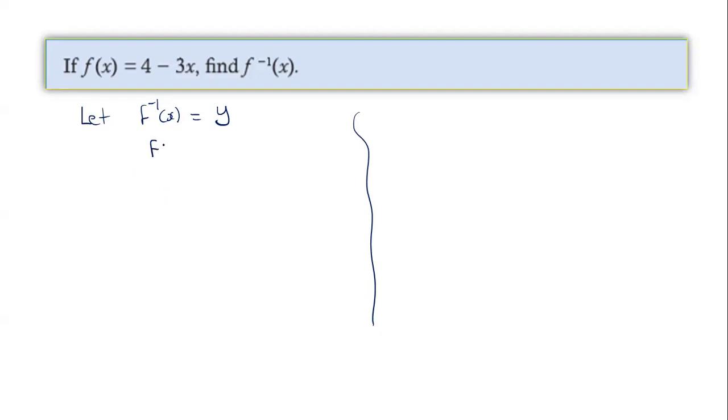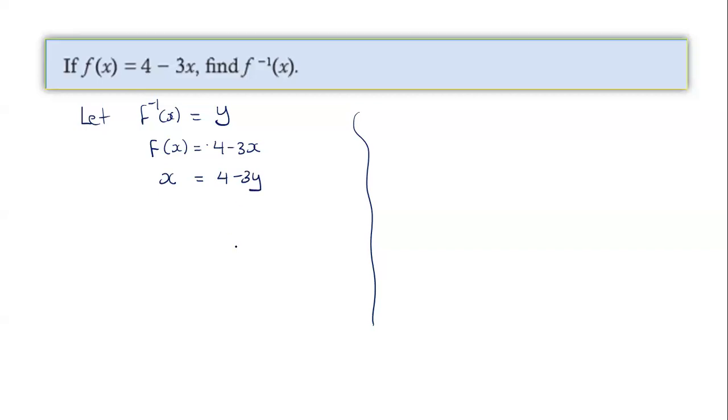We have said that always f of x will equal y here. We have said that f of x is equal to 4 minus 3x. So you are going to swap: where there is f of x it becomes x, where there is x it becomes y.